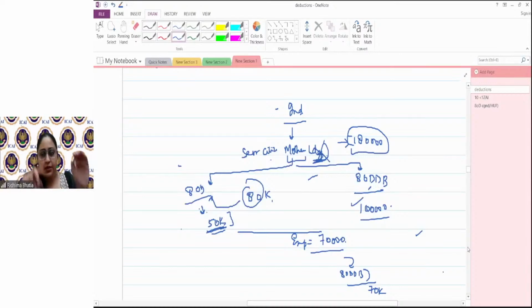Whenever you are attempting the section, remember मैम ने dependent disabled word use किया था for 80DD, dependent word use किया था for 80DDB, individual disability use किया था for 80U. Please remember, dependent word 80D में it comes, but it comes only for children.